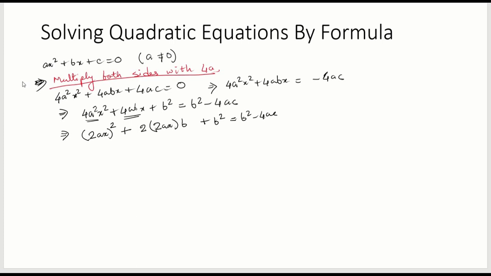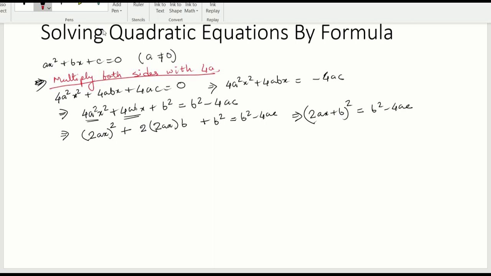Now you guys know, I guess, the formula of a plus b squared. A plus b squared gives a square plus b square plus 2ab. So we can write here 2ax plus b squared equals b square minus 4ac. What did we use here?